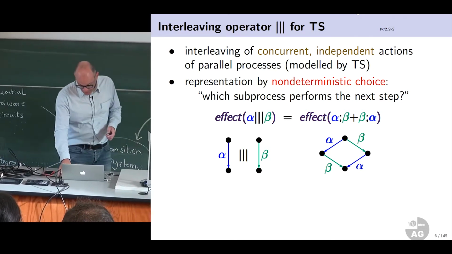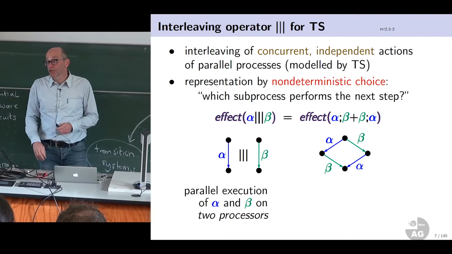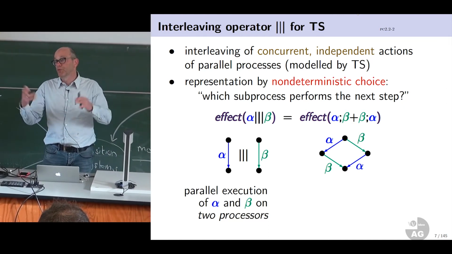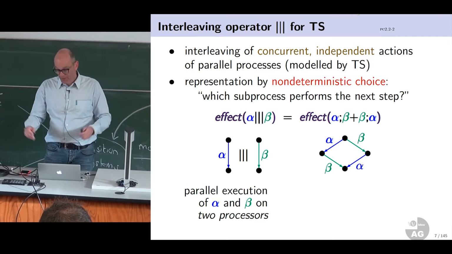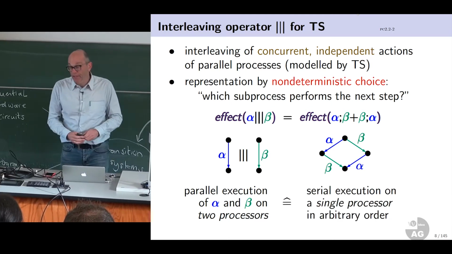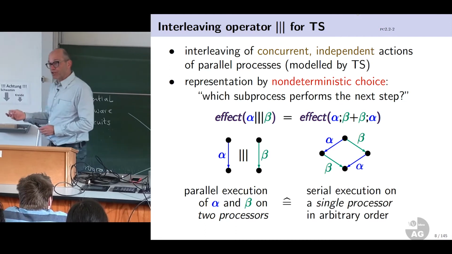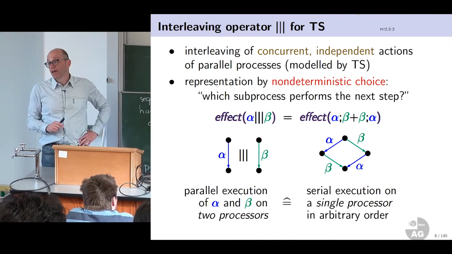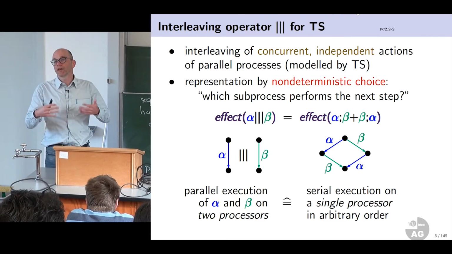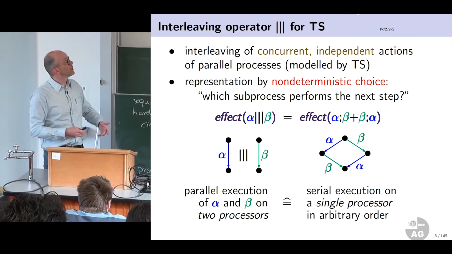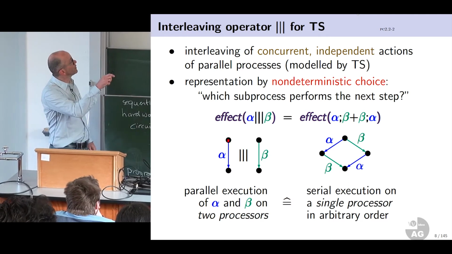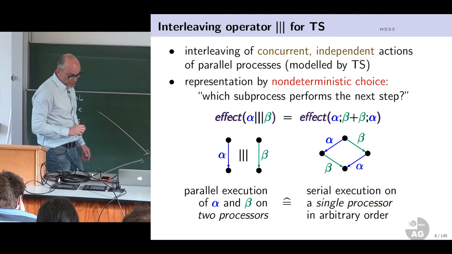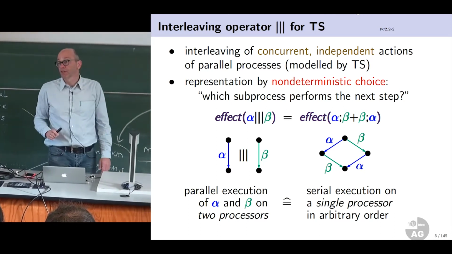So this is the parallel execution of alpha and beta, basically modeling, if you want, two processors or two different machines. Whereas this models a kind of serial execution on a single machine. And now the idea is that we would like to adequately reflect the parallel composition of the blue and the green action. And the agreement is that we model this by means of this interleaving.